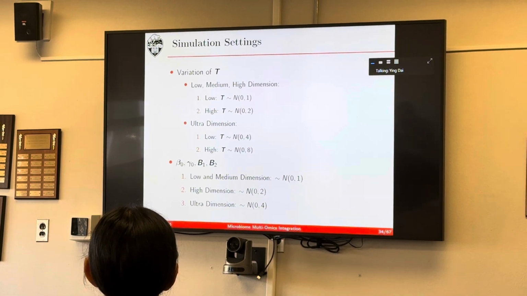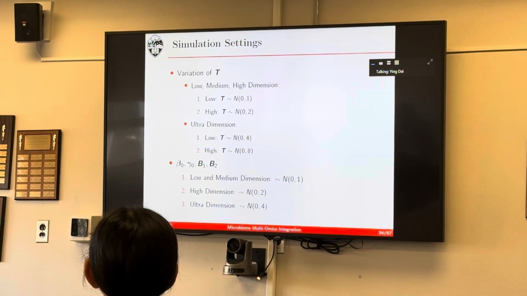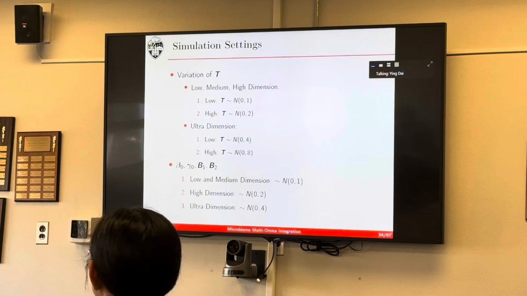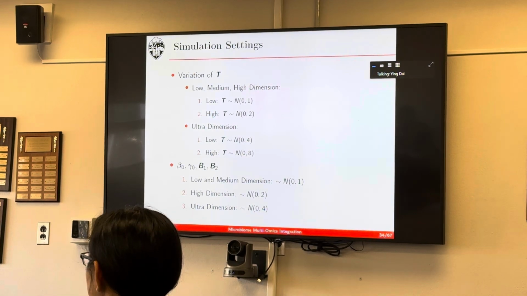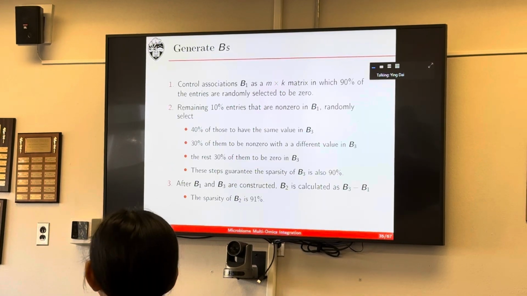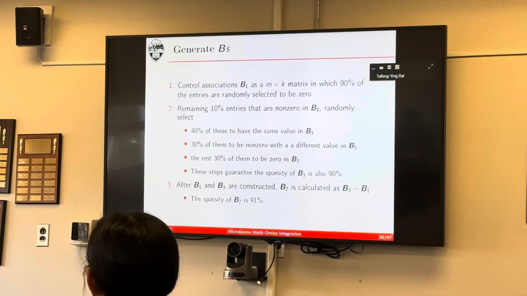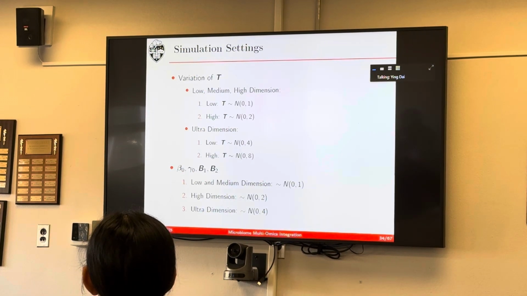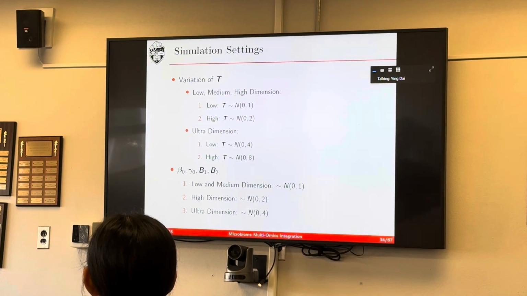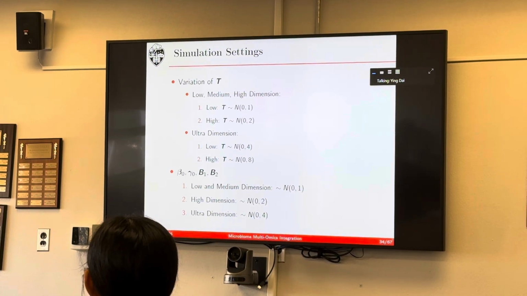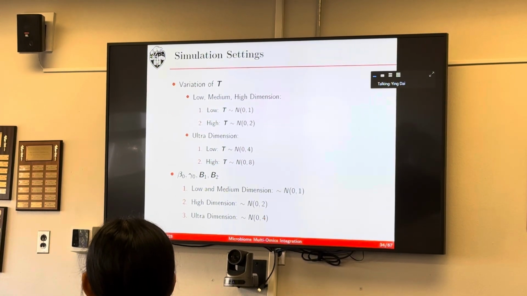In general, for the larger dimensions, we want to put a little bit more signal strength there. In total, there are 16 different combinations that we went through, and for each combination, we have 50 replicates.